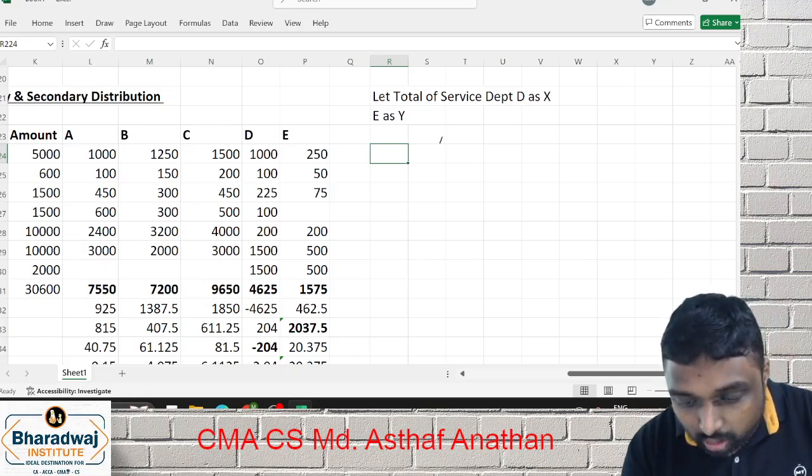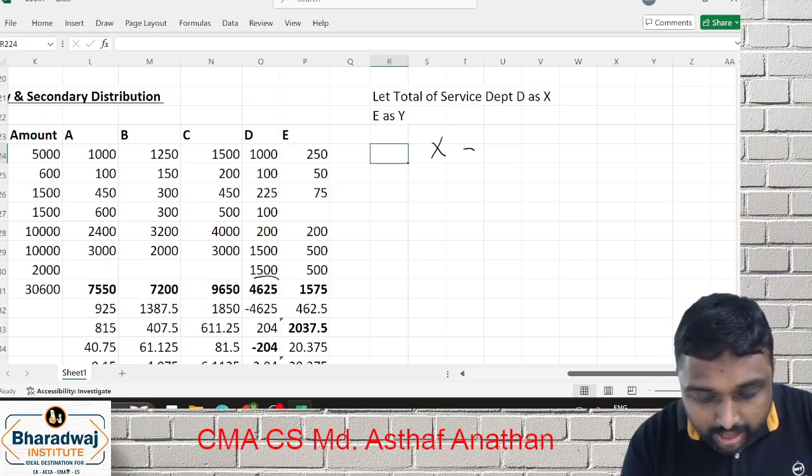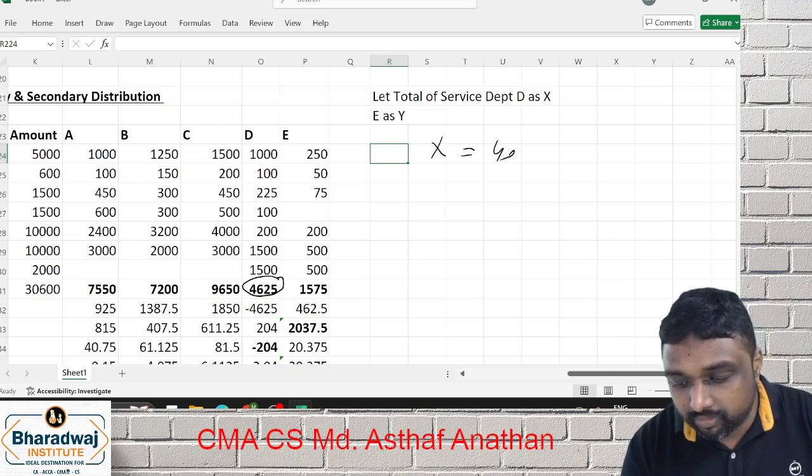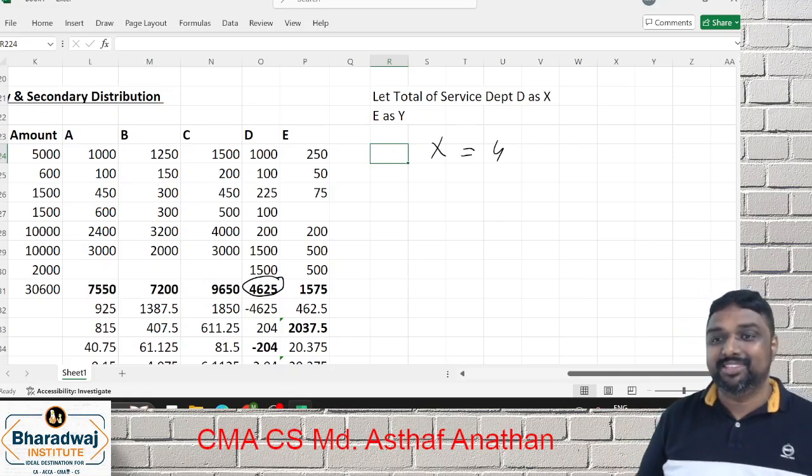This X total will be: already D has an amount of 4625.